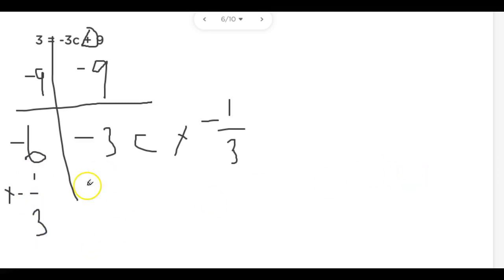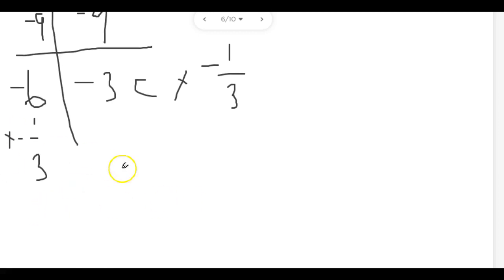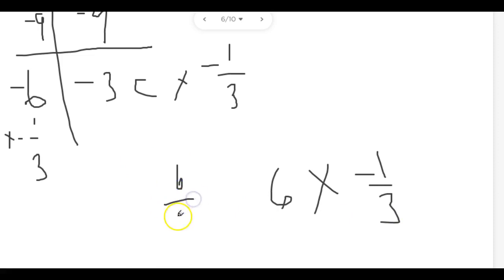Okay, so what I'm going to do is I'm going to do this math over here. You have 6 times a negative 1/3. That's basically 6 over 3, or negative 3, which is 2. Therefore, your solution is c equals negative 2.